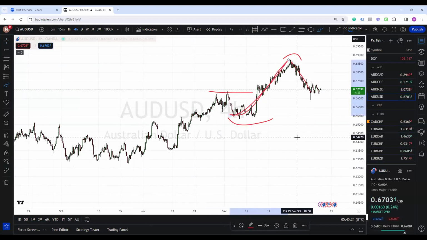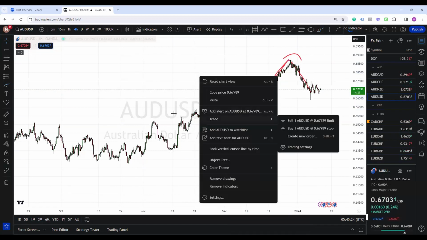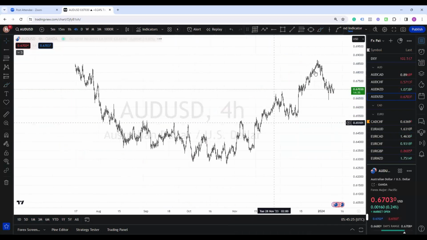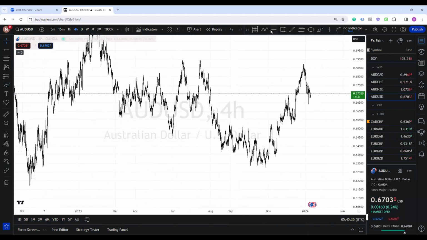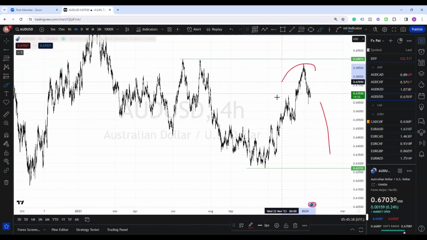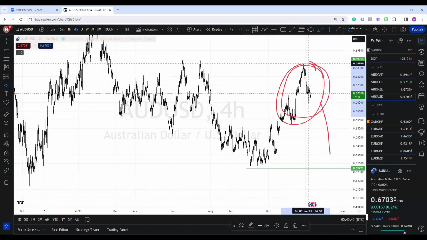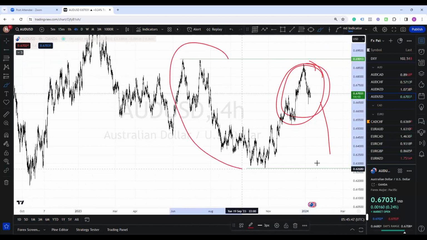Agreed? Yes. So this is likely to happen first rather than this weekly time frame we are talking about. Weekly is bearish and you expect price to come down, but this is likely to play out first. We call it sequences. This price action is likely to play out first before this whole thing can play out.